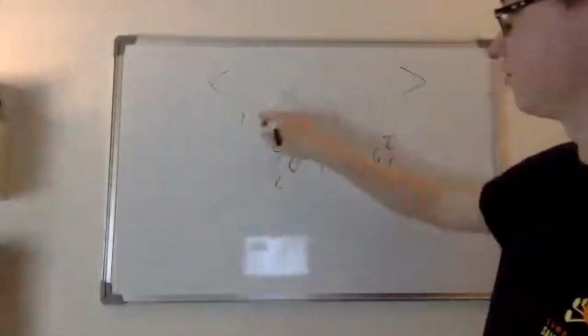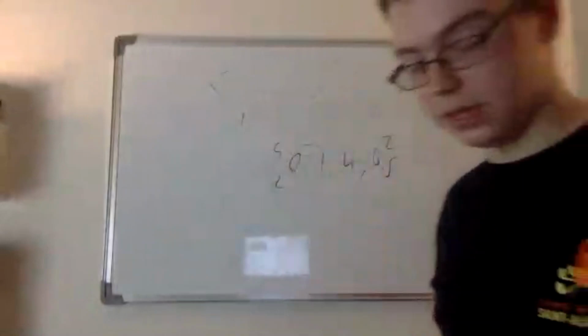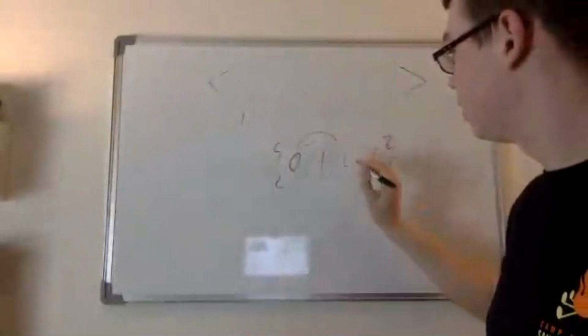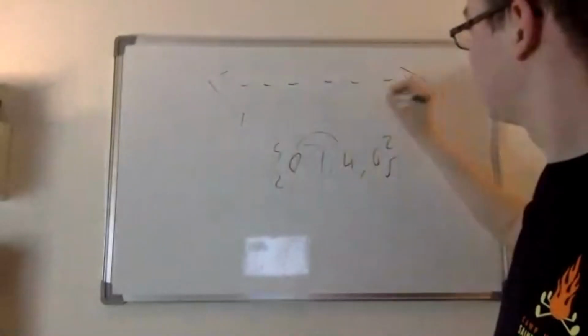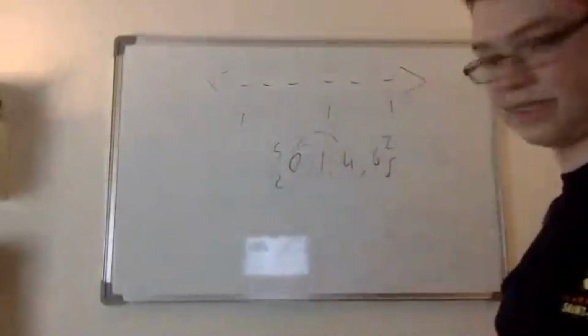I'm just writing them down here because we don't know if there's going to be more of that one yet. We check this. So that is interval class 4. So this is one instance of interval class 4 and one instance of interval class 6.